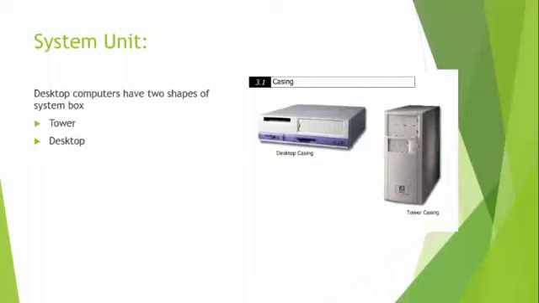Desktop computers have two shapes of a system box. We have tower and desktop. Here we have a picture of tower casing and desktop casing.